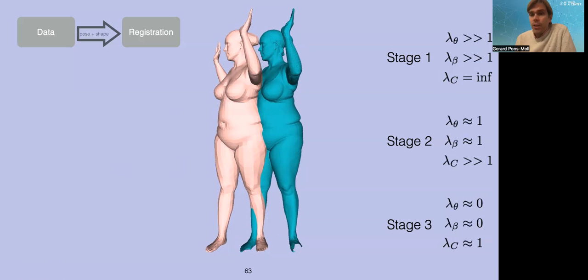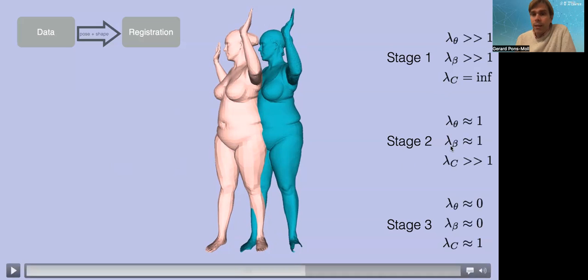And then in the other stages, you start relaxing the priors. You crank down the weight of the pose prior and the shape prior, and you make the coupling weight a little bit smaller, still large to keep things safe. And at the last stage, you just deactivate the priors, assuming that you're sufficiently close to the scan, and you set the coupling weight to 1, just to make sure that things don't go completely crazy.